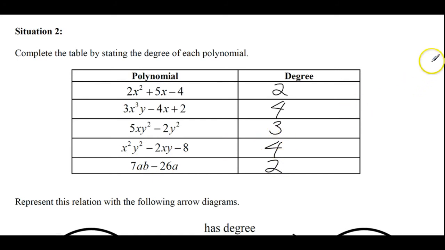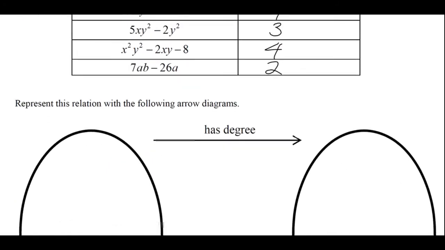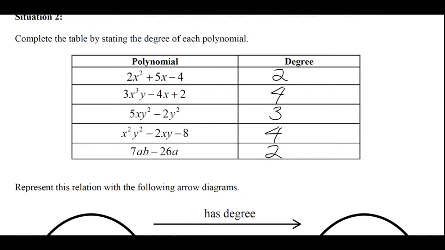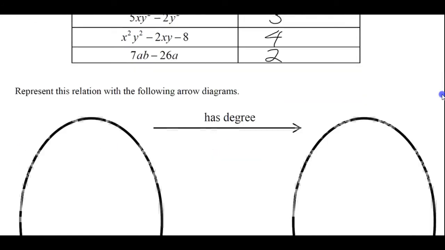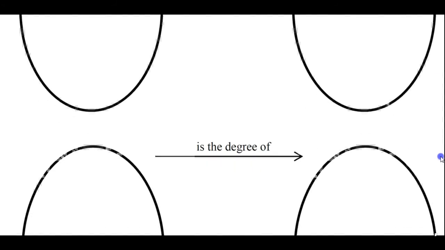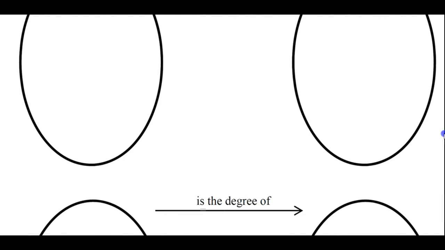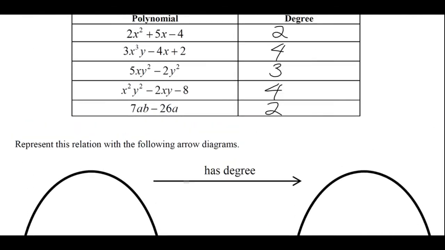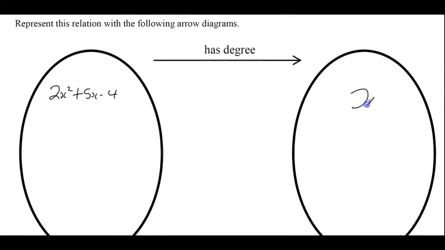Represent this relation with the following arrow diagrams. So polynomial and then has degree. And then we're going to do it in reverse. So what have we got? 2x squared plus 5x minus 4 has degree. Now you notice the degrees are 2, 3, and 4. So all we need to list over here is 2, 3, 4.